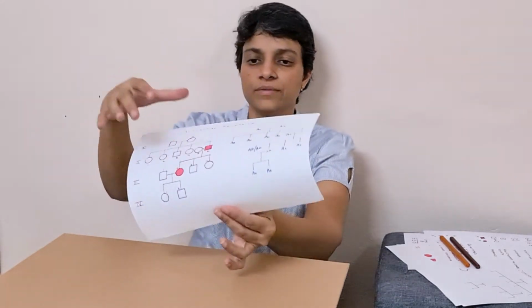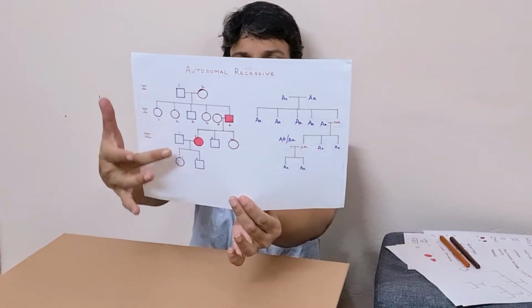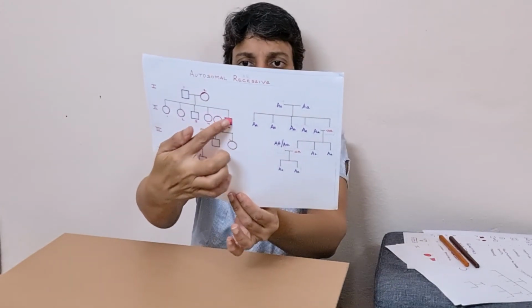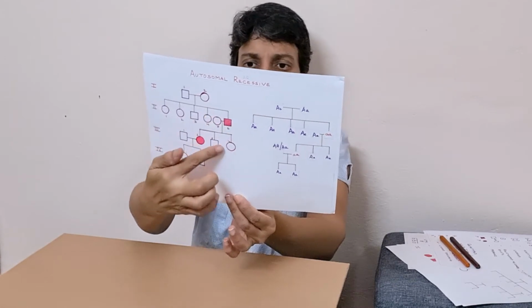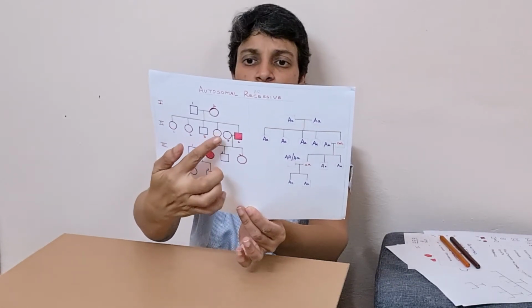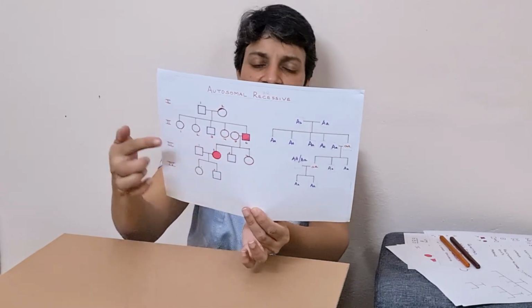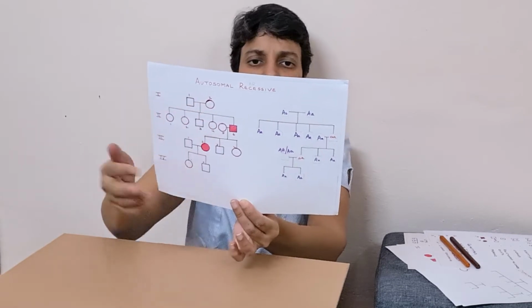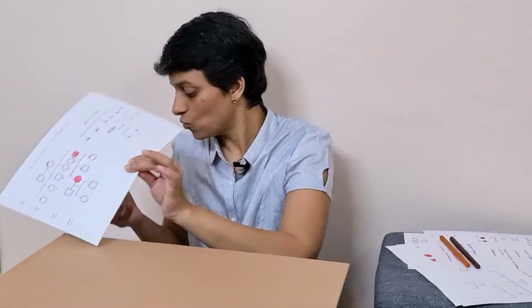Now, this is the recessive pedigree. We started with this individual, small a, went to this individual, small a, and then figured how this individual could have got small a, because only if the mother is capital A, small a, this individual shows small a, and that is how we figured it out. Now we will move on to autosomal dominant pattern of inheritance.